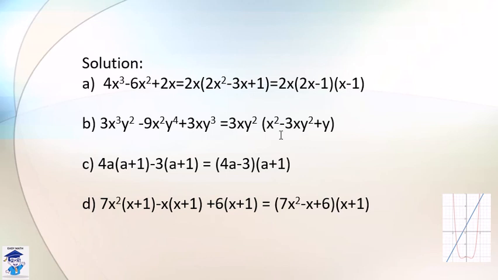So the first term remaining is x squared because this is x cubic, and the middle term is negative 3xy squared because x's power is 2, so 1 is left inside the bracket, and y is 4, so the power left inside is 2, and the last term is y because here y is cubic, so y remains.